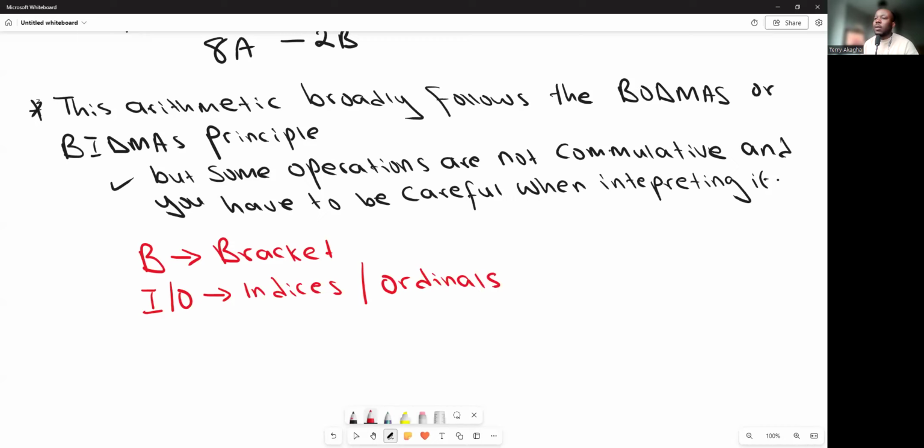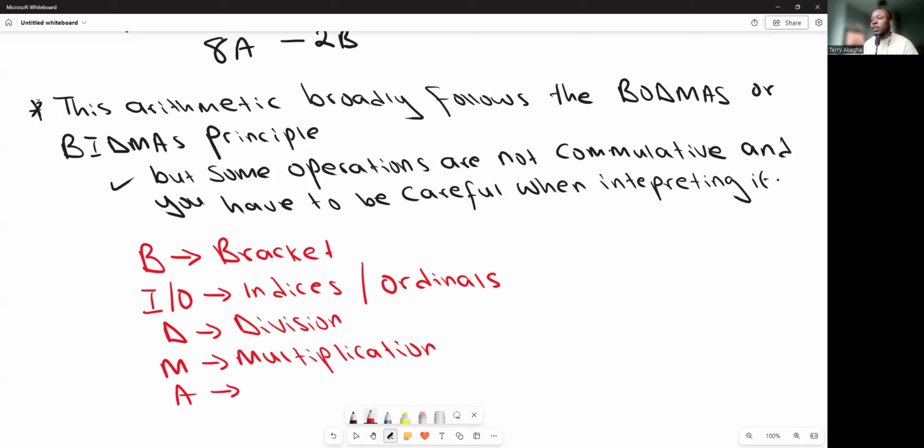Then the D represents division. The M represents multiplication. Okay. The A is for addition.